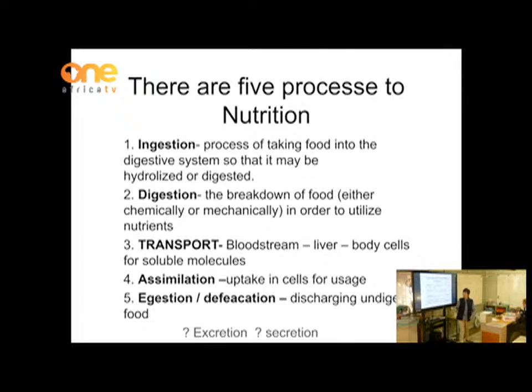It is important that we see the words that can confuse us. Words that can confuse us are egestion and excretion. Excretion is to get rid of metabolic waste. Egestion is the discharge of undigested food. Okay.